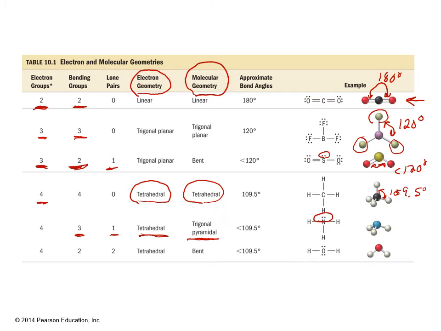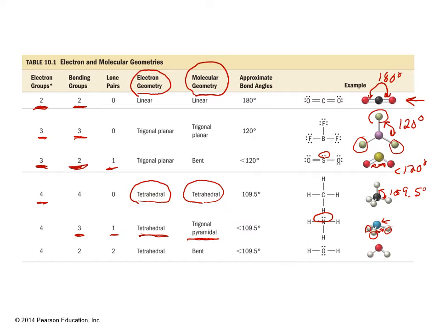And the reason it's pyramidal is because it forms a pyramid, that nitrogen is slightly higher above the plane that the hydrogens are sitting in. So it forms a small pyramid. And trigonal because there are three hydrogens attached.